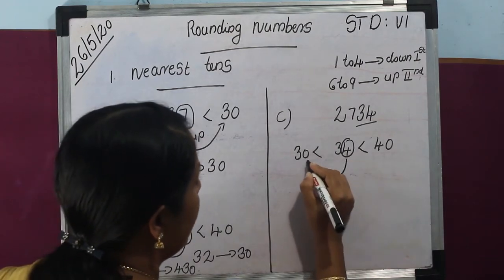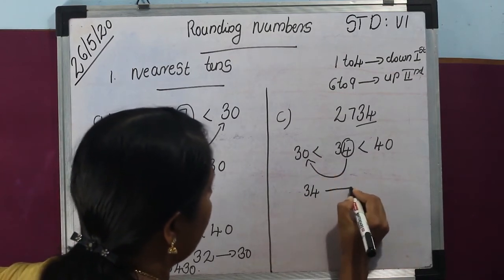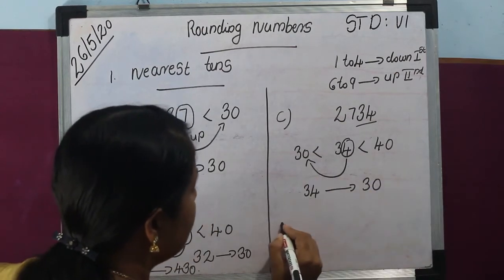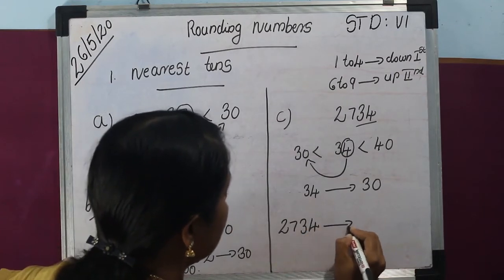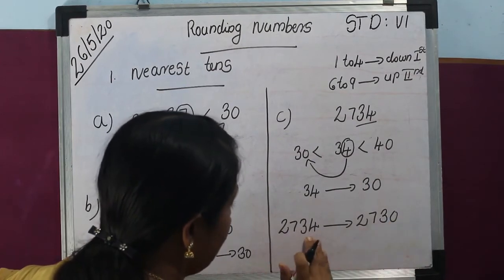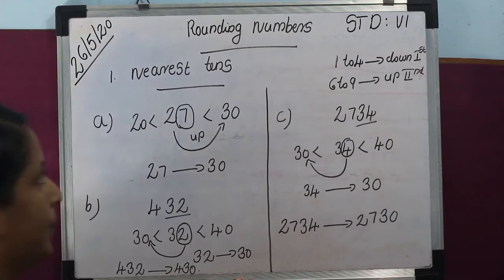That is, it is rounded down to 30. So, 34 is rounded down to 30. Then our number is 2734, so we write 2730. 2734 is rounded down to 2730.